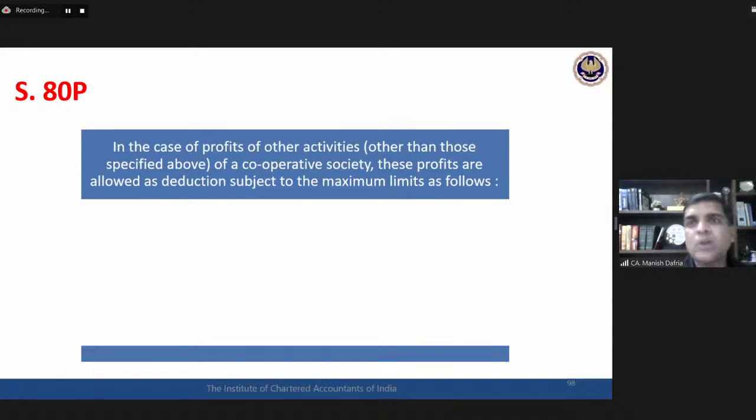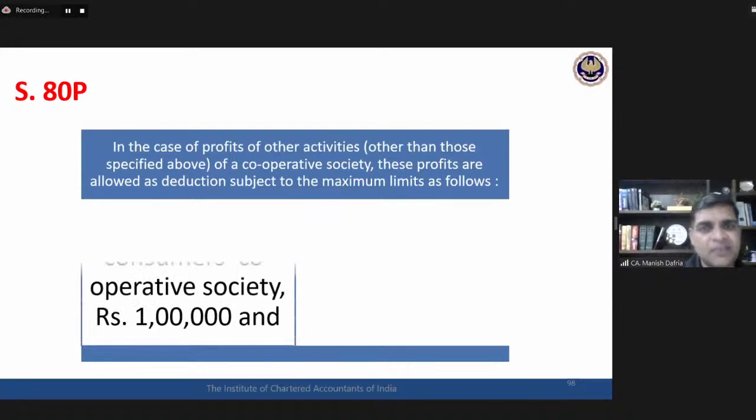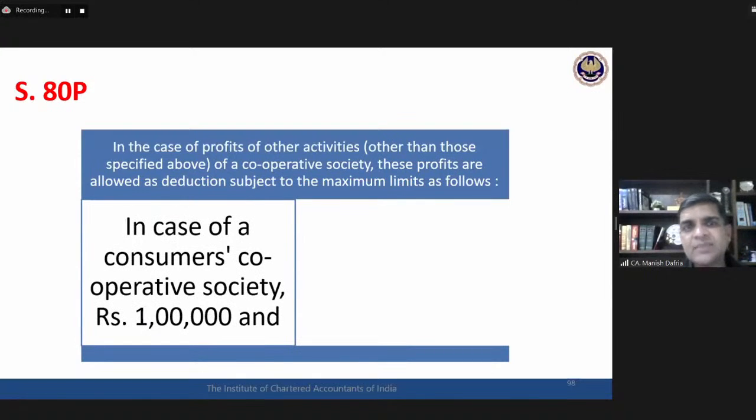Apart from this, whatever remains, that is taxable. So for that taxable income, there is a basic exemption which is further available. What is that basic exemption? In the case of a consumer cooperative society, a basic generalized deduction of rupees 1 lakh shall be further allowed.